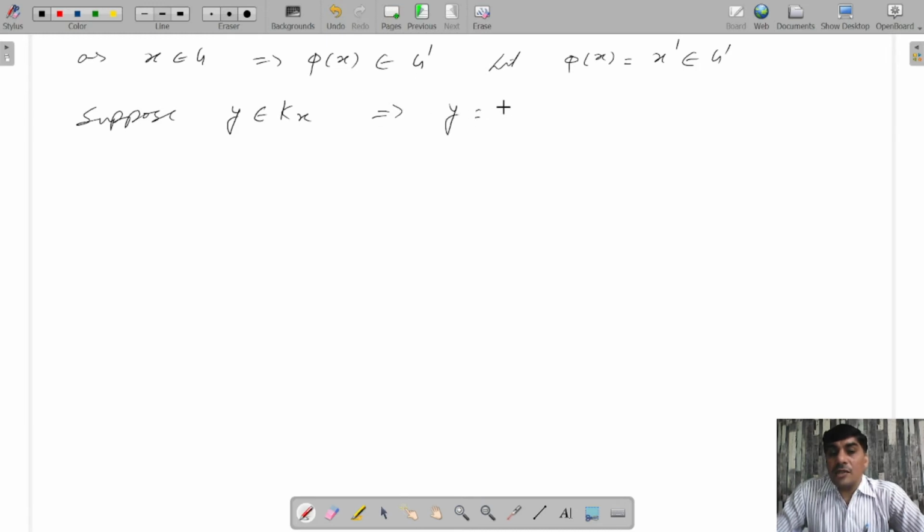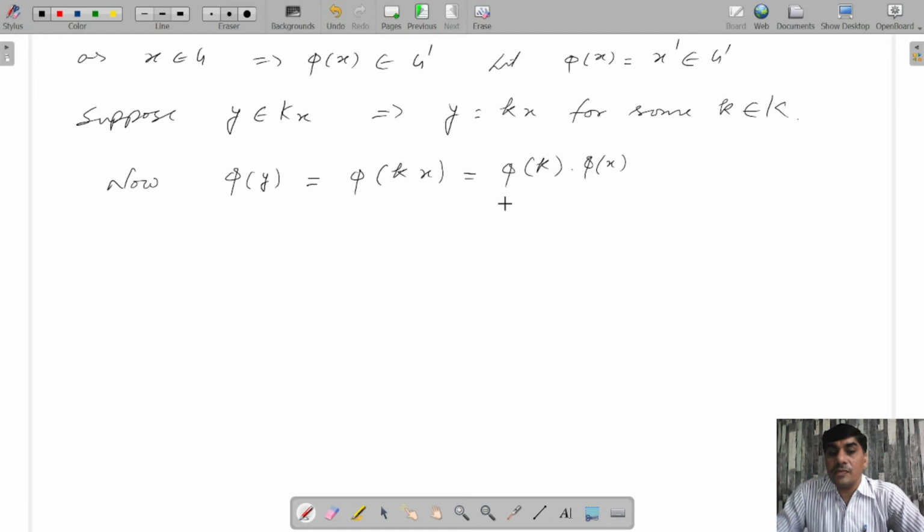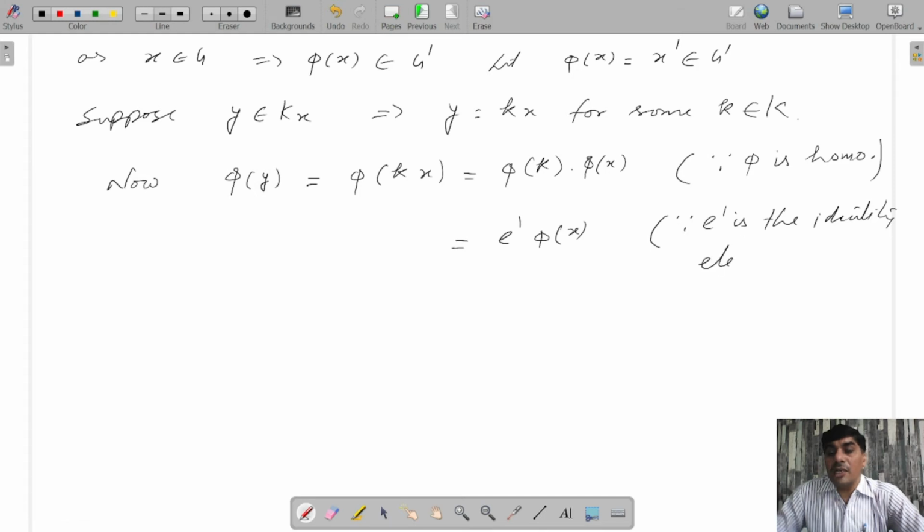This implies y is equal to kx for some k belongs to capital K. Now phi of y is equal to phi of kx, which is equal to phi of k into phi of x, because phi is a homomorphism, which is equal to e dash into phi of x. e dash is the identity element of G dash, which is equal to phi of x is equal to x dash.